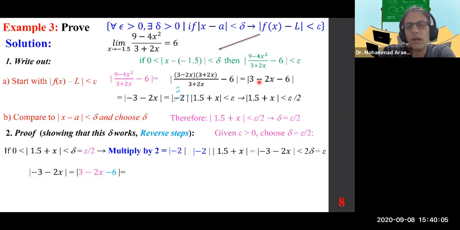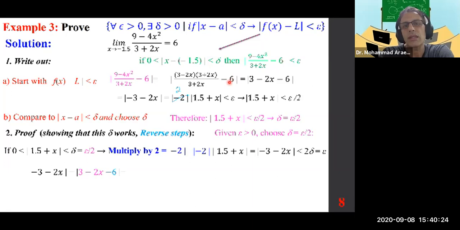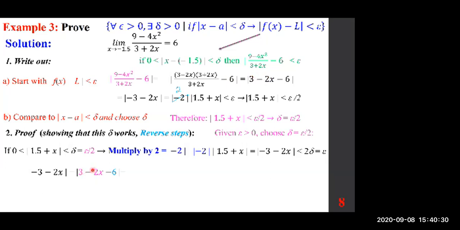Take a look at what I did. So minus 3 minus 2x is the same as putting 3 here and negative 6 there. So I'm going over here, class. I'm reversing the process. Why am I choosing it in this way? Because that negative 6 must be separated, because that 6 was the limit and we are going to keep it intact. Now 3 minus 2x, just this part, okay? Remember what we want.